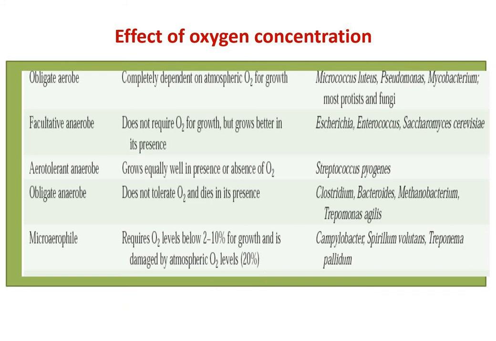The first category, the obligate aerobes, are completely dependent on atmospheric oxygen for growth. Examples are Micrococcus luteus, Pseudomonas, Mycobacterium, molds, protozoa and fungi. So obligate aerobes cannot grow in the absence of oxygen.